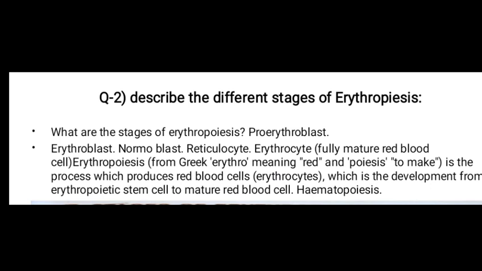Erythropoiesis is from the Greek words erythro, meaning red, and poiesis, to make. It is the process which produces the red blood cells, meaning erythrocytes, the development from erythropoietic stem cells to mature red blood cells.